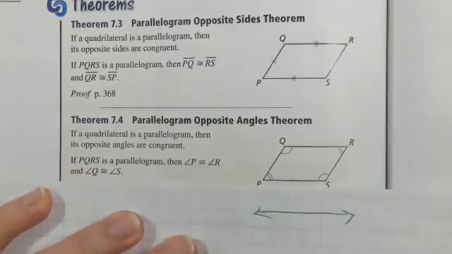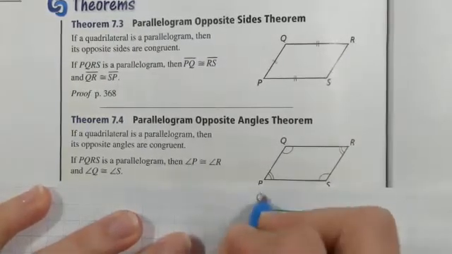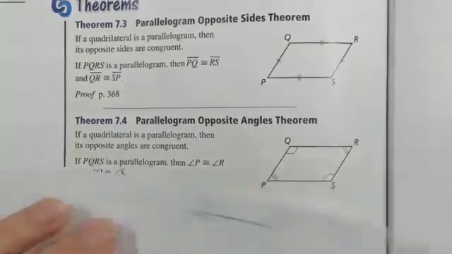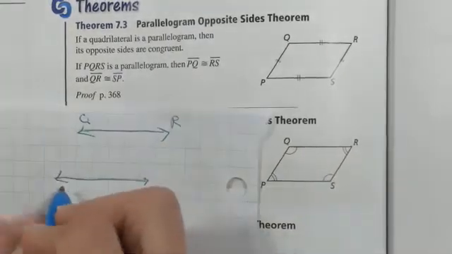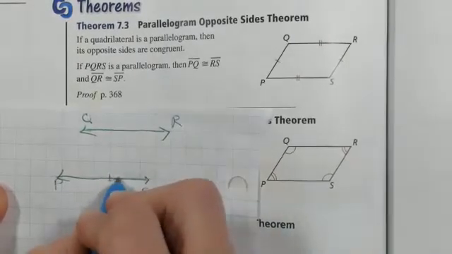We're just going to draw QR and that's it. Okay. So we have QR, and then this one down here would be PS. Okay. And we know that these are parallel.